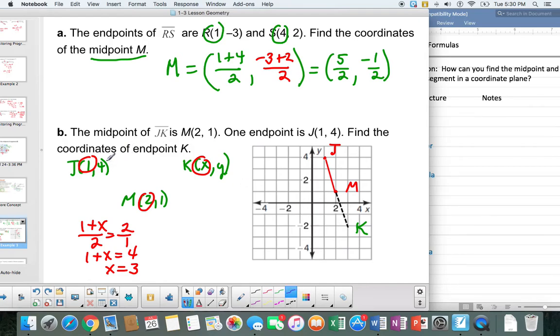All right, to figure out the y, I'm going to take the 2 y's at the endpoints, 4 plus y, divide by 2, and I know that the answer is going to be 1. I'm going to cross multiply, and I can see that my answer will be negative 2. So the answer to this point K will be 3 comma negative 2. And if you look at my diagram, there I am right here at 3 negative 2.